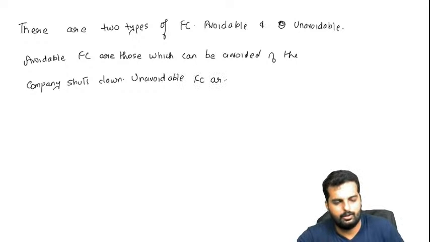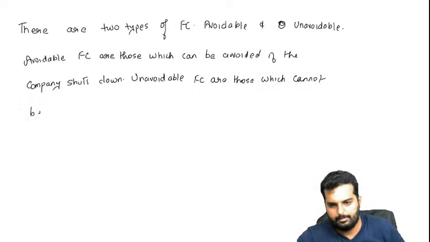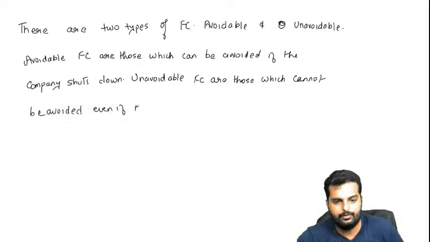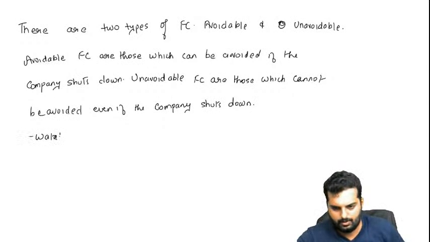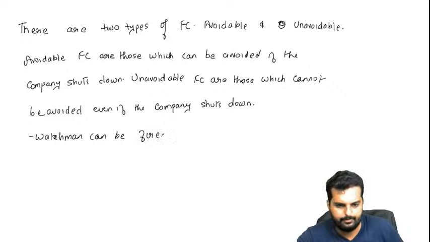Unavoidable fixed costs are those which cannot be avoided even if the company shuts down. Watchman can be fired once company shuts down.